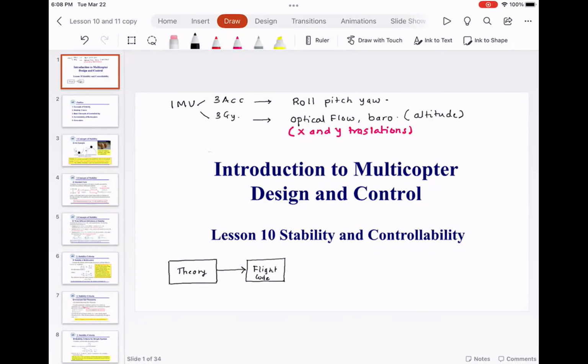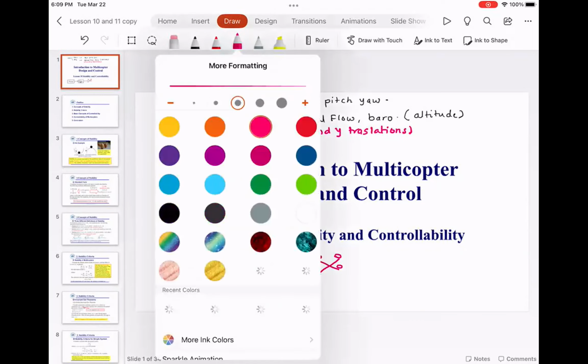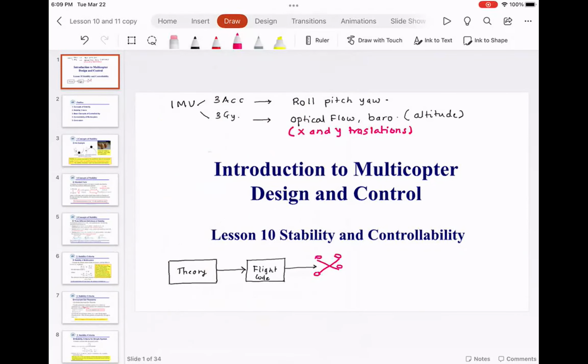And then we will flash this flight code onto our Mambo and see if the Mambo is working the way we want it to work or not. We are going to go in a step-by-step fashion.